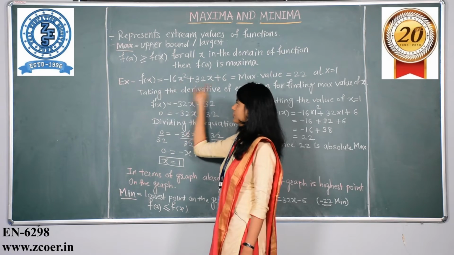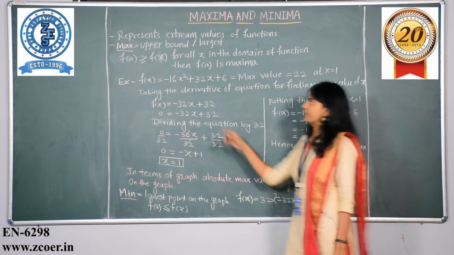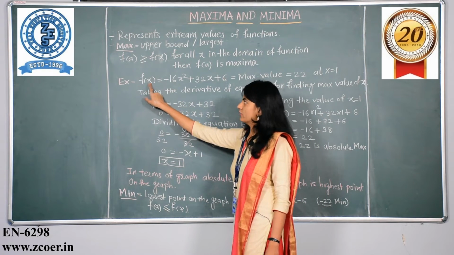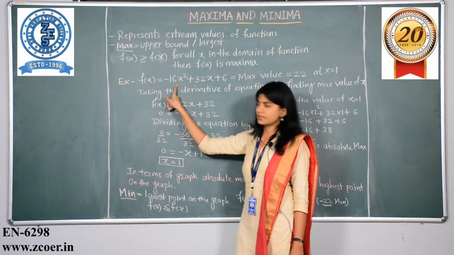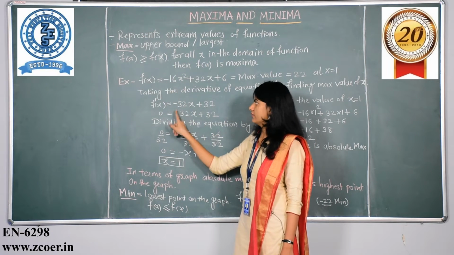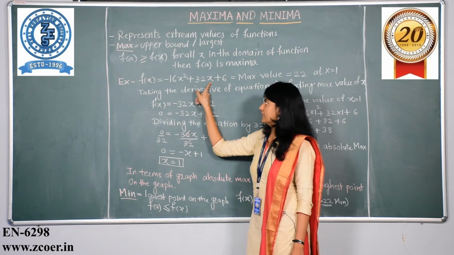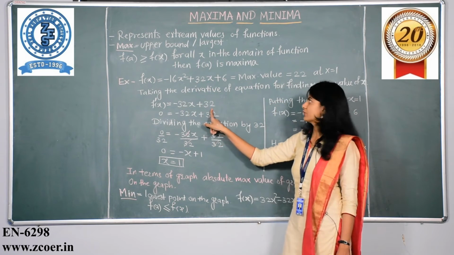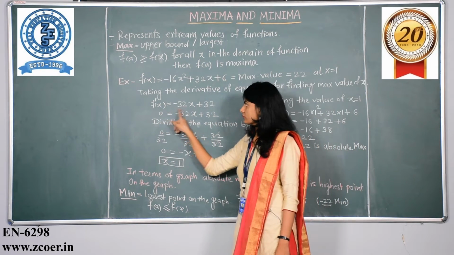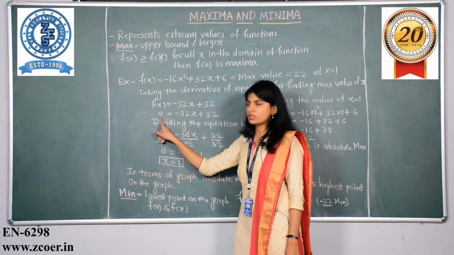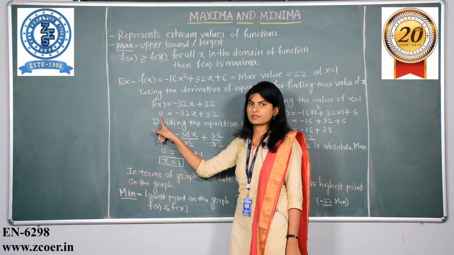For this given function, let us take the derivative for finding the value of x. Taking the derivative, f dash of x is equal to: for minus 16x squared the derivative is minus 32x, for 32x the derivative is plus 32, and for 6 it is 0. We equate this equation to 0, because by equating it to 0 we will get the value of x.